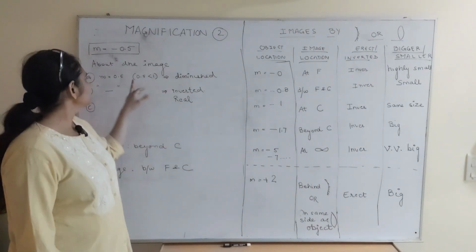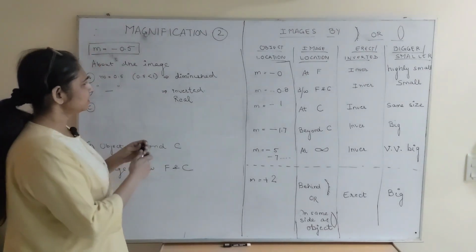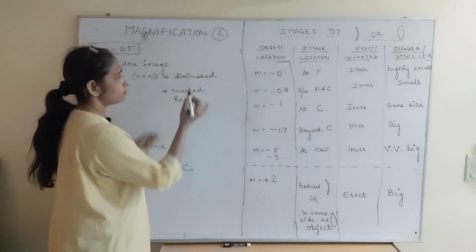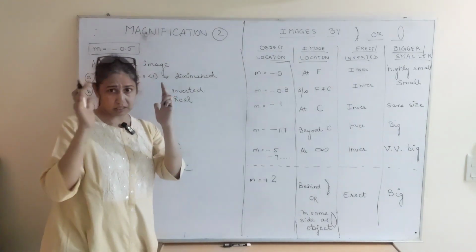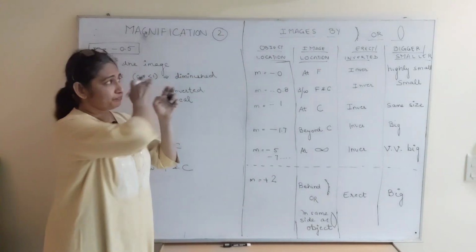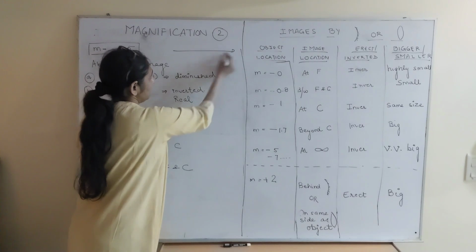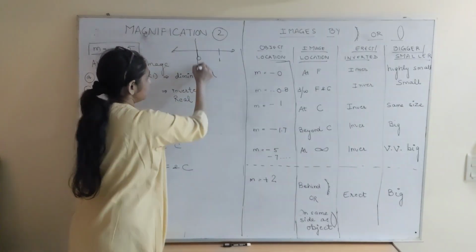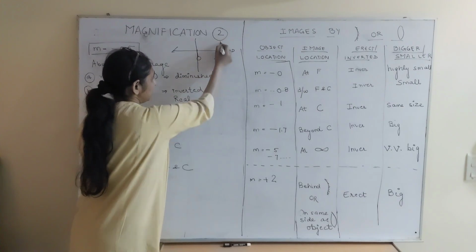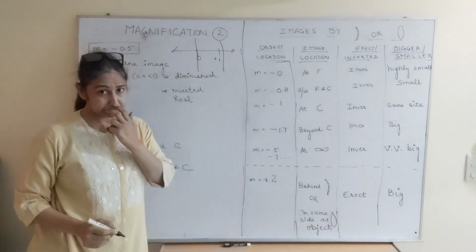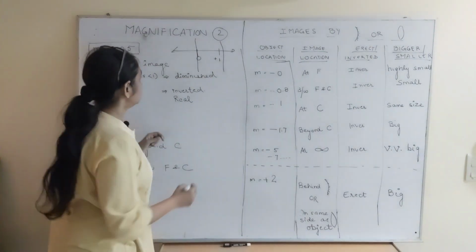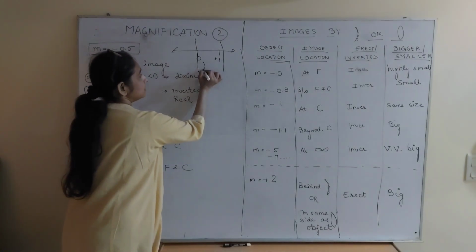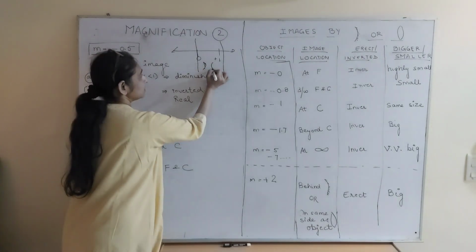Last time only we did, if the value is between 0 and 1. Do you remember that small slot on the number line that we had done? On this number line, we had done a small slot between 0 and plus 1, where the devices were these.